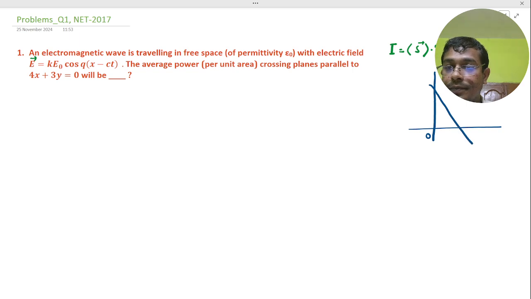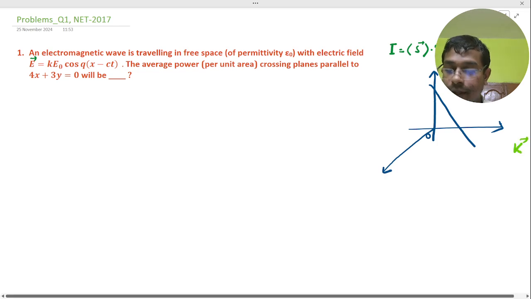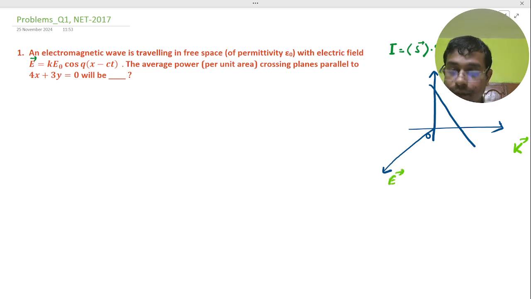We have this line 4x plus 3y, and this is basically the direction, and this is another one, and here this is k, this is B, and another one is E. This is 3 and 4, this line, and this direction is n cap, and this should be 90 degrees, and this angle is alpha, and this is 90 minus alpha.